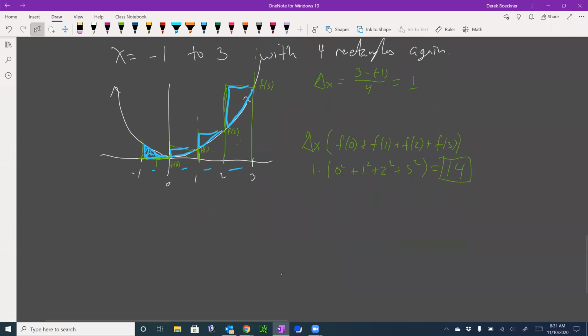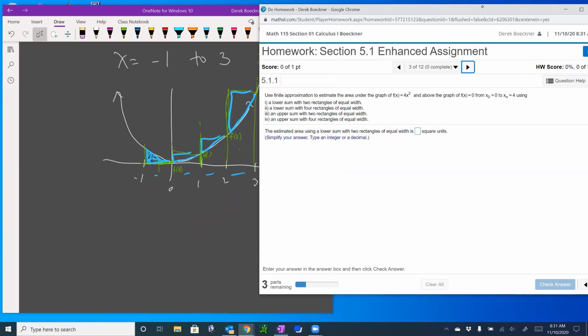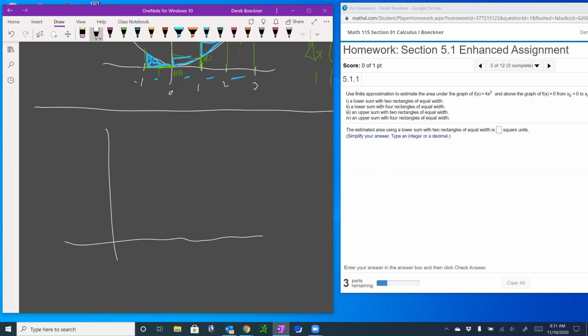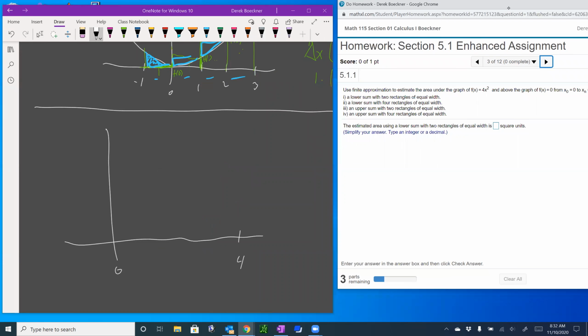So let's draw a picture. There's 0, there's 4. That tells me how many rectangles in the I bit.